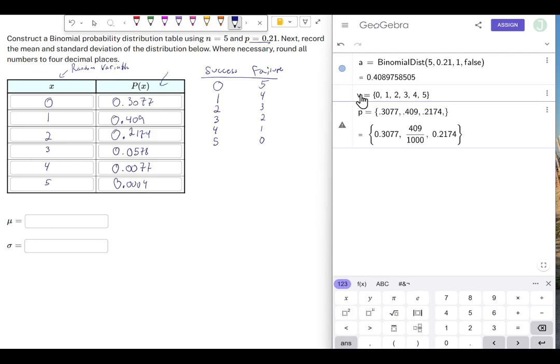Notice I did not use the letter x. X and y are defined to be specific algebra terms in GeoGebra, so if we typed in x, which is our random variable, we would get a little issue here. So we're going to use any letter other than x. Let me just finish typing in the rest of these.